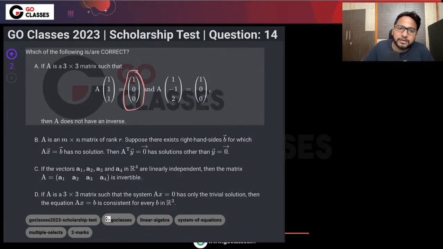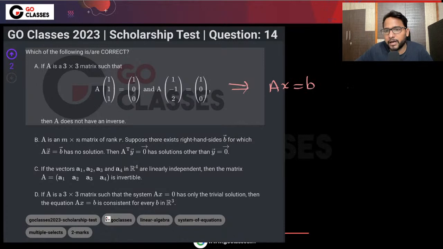It definitely means that Ax equal to B has infinite solutions for some B.